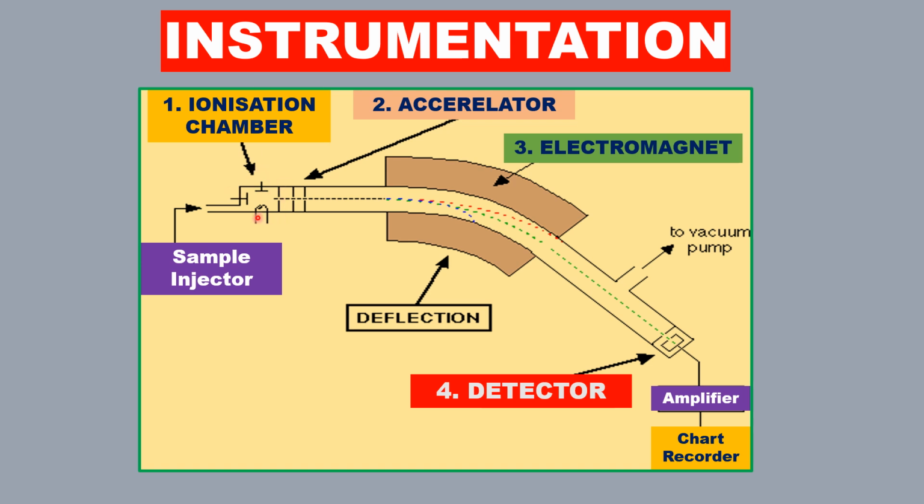Second, the accelerator, and then the electromagnet or deflector, and the detector, then amplifier, chart recorder and computer. We have a sample injector. The organic sample is vaporized and injected through this into the ionization chamber. Let us now describe each component separately.